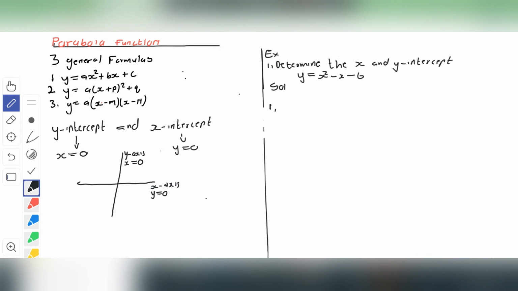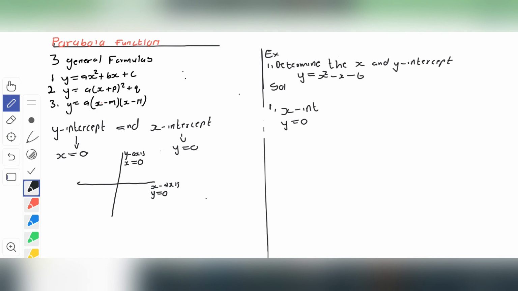the y intercept. We know that for the x intercept, we always let what? y equals 0. How do we know that? We know from the definition of the x intercept.